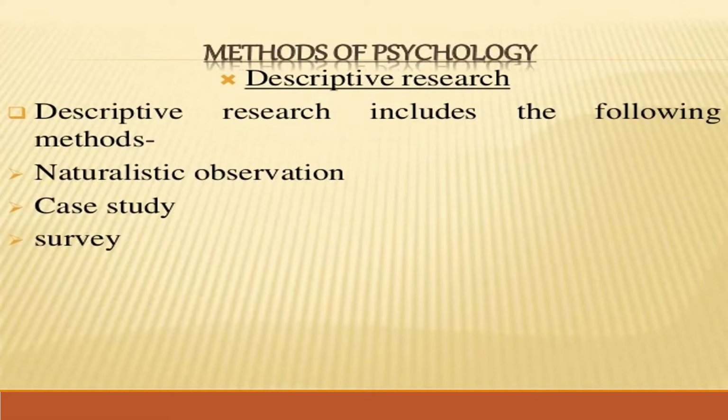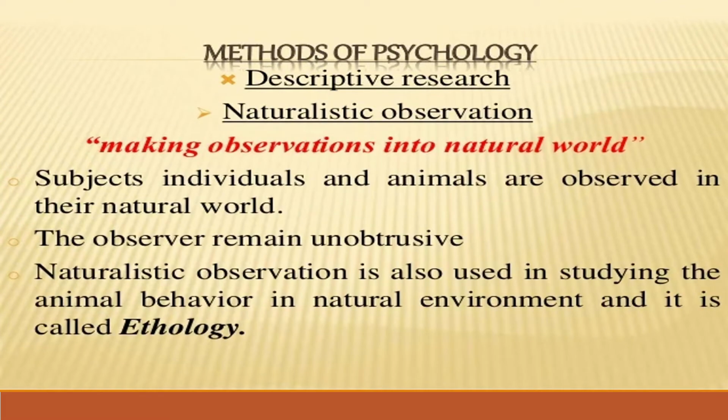Then descriptive research. This research includes the following methods: naturalistic observation, case study and survey. There are three methods for descriptive research. First is naturalistic observation, which means making observations in the natural world.